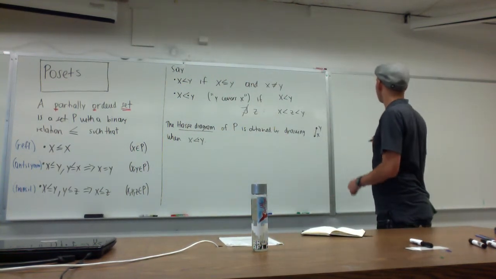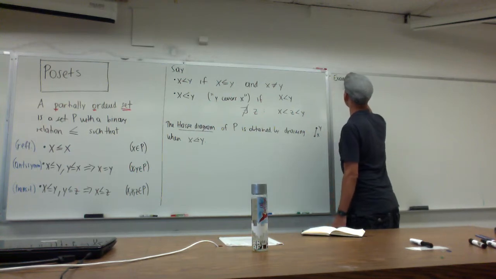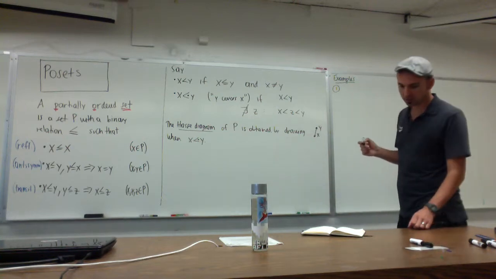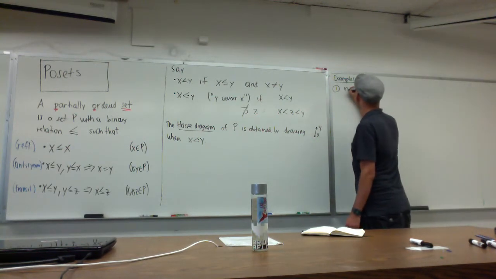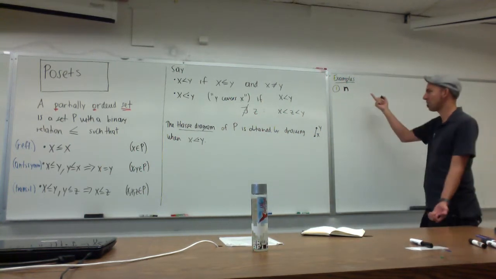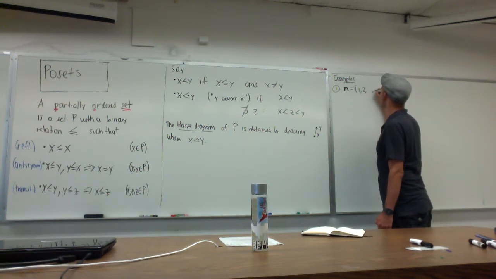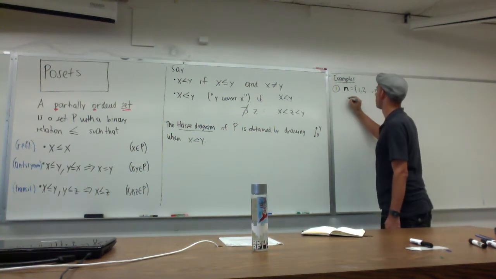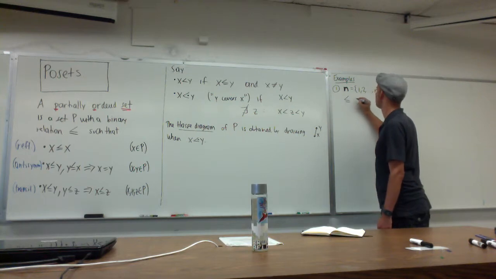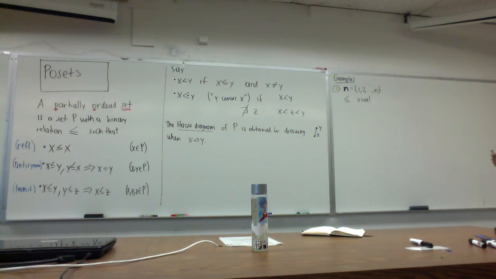And so we're gonna keep some examples here. The first example is written by a bold n, where n is some integer. These are the numbers from 1 up to n, with the usual order.